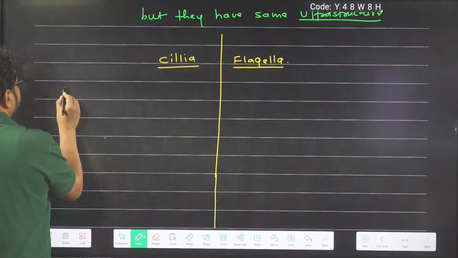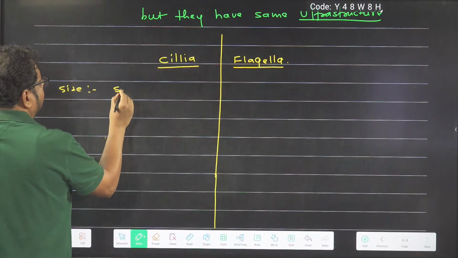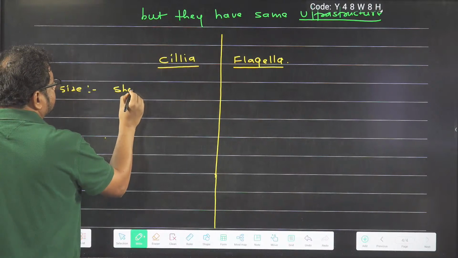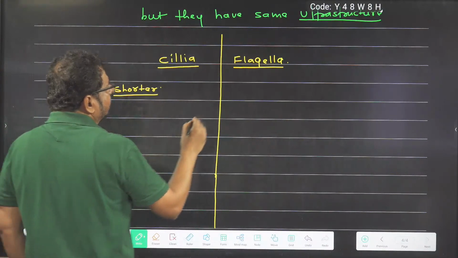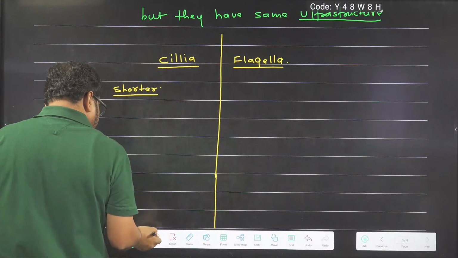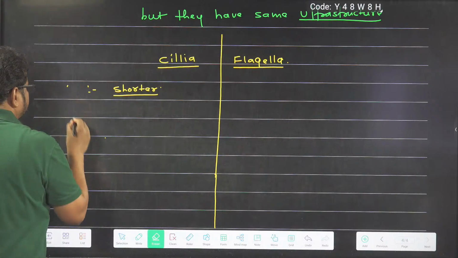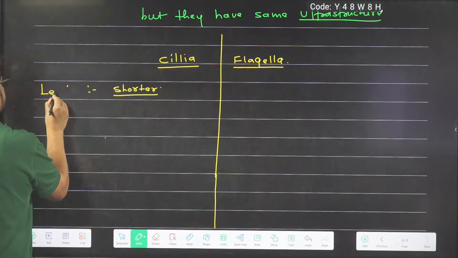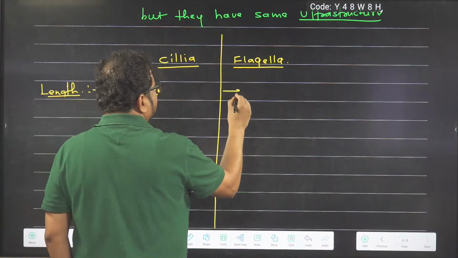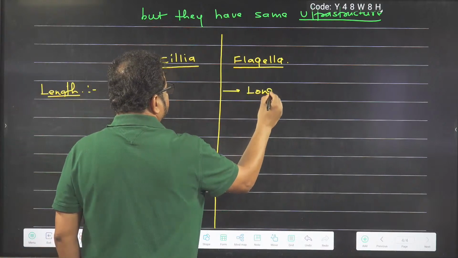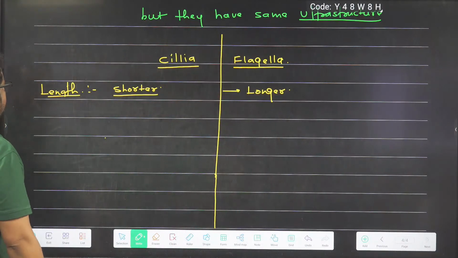First of all, size. Cilia is shorter. If you talk about length, basically size means length here. So cilia is shorter and flagella is basically longer. Got the idea? One difference is this.